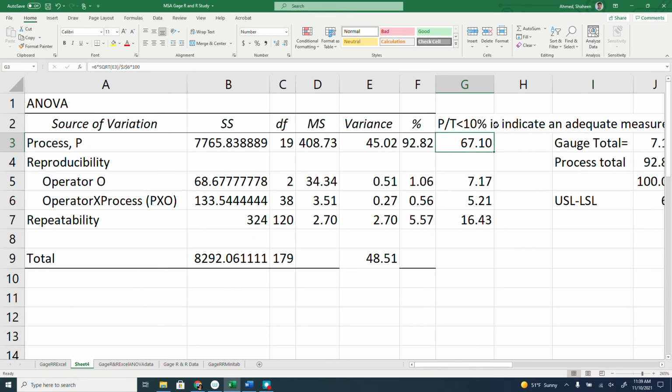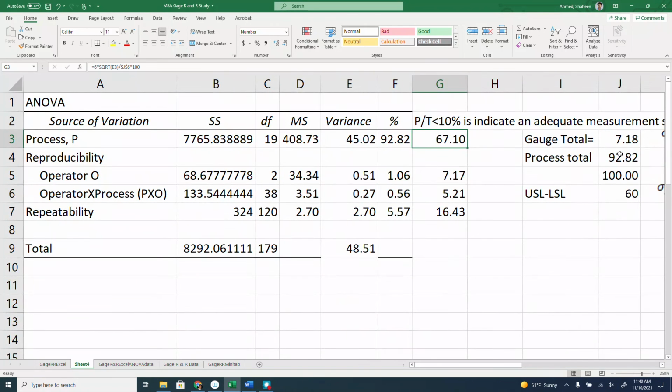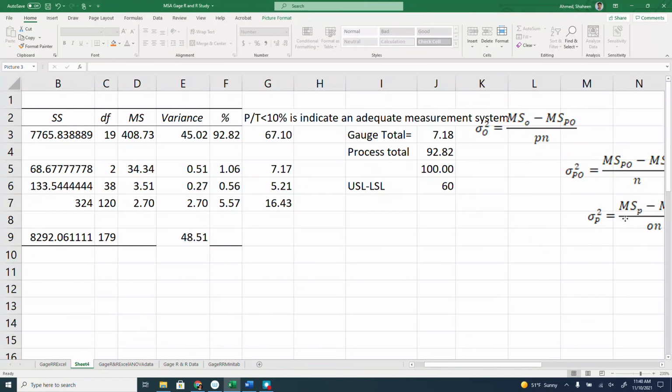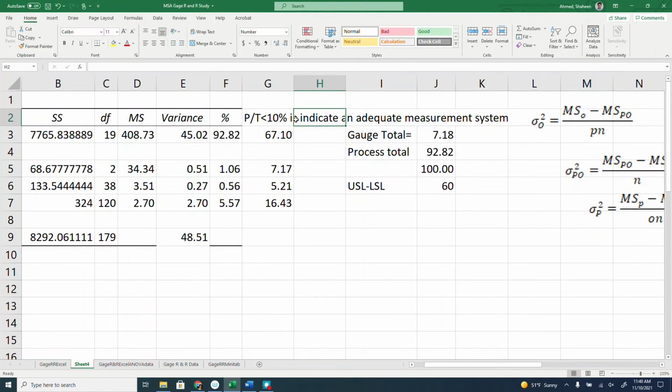Now, as you can see here, the process variation is about 67%. So if we calculate the total here, I can simply expand this to this guy here and this guy here.